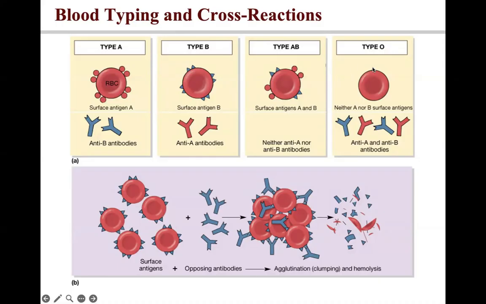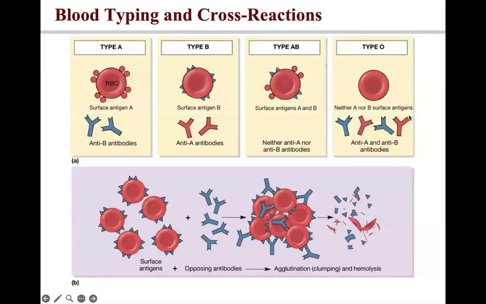It can take up blood from type O because it does not have any antigen on it. Type AB, since it does not have any antibody A or B, can take up type A, type B, and O.